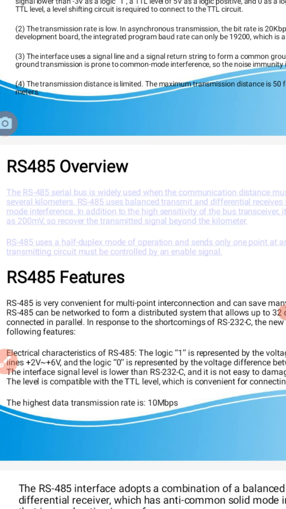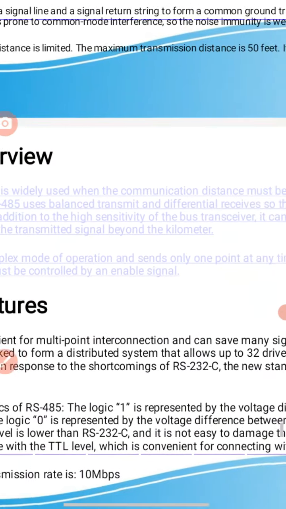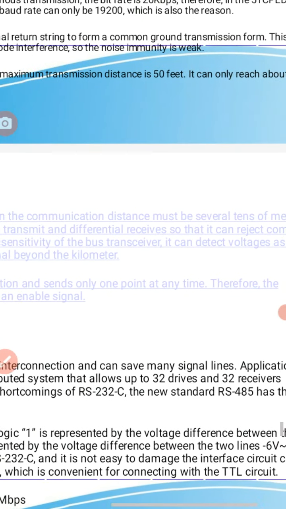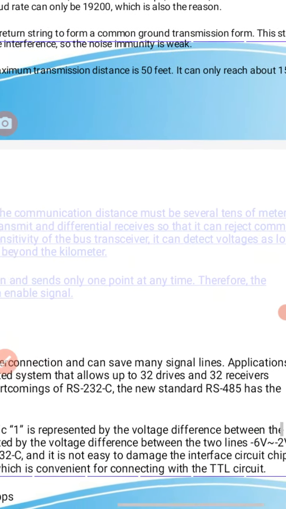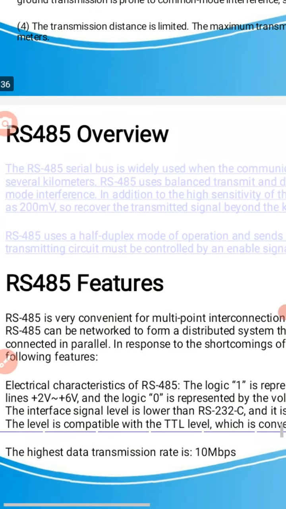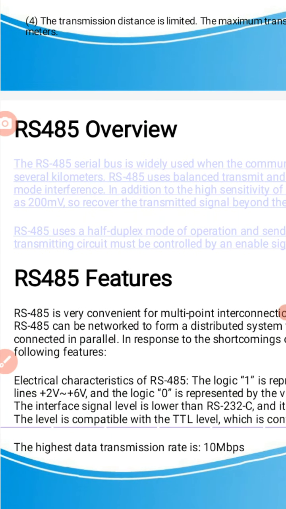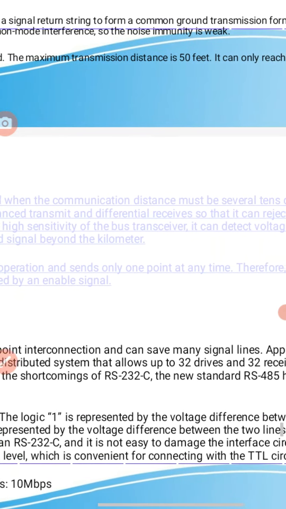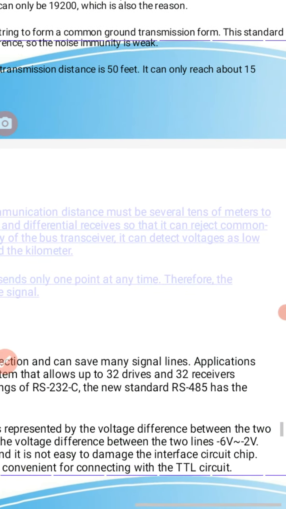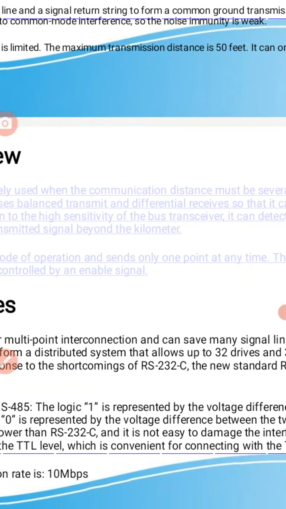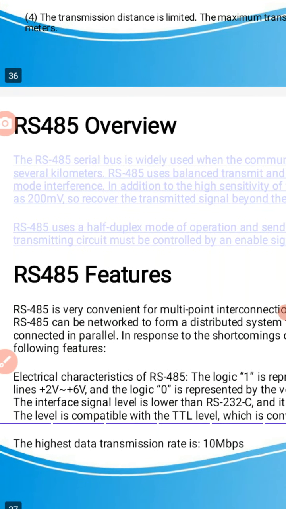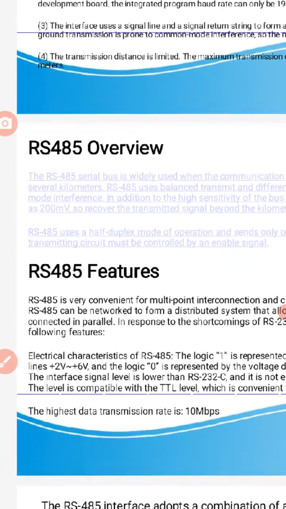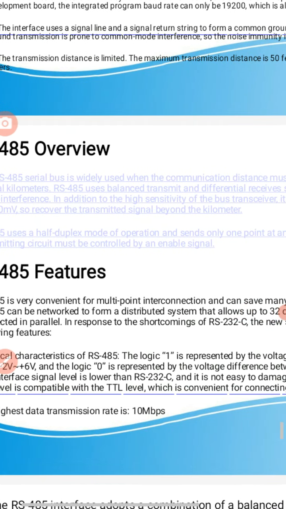RS485 uses balanced transmit and differential receive so that it can reject common mode interference. In addition to the high sensitivity of the bus transceiver, it can detect voltages as low as 200 millivolts, so it can recover the transmitted signal beyond a kilometer.